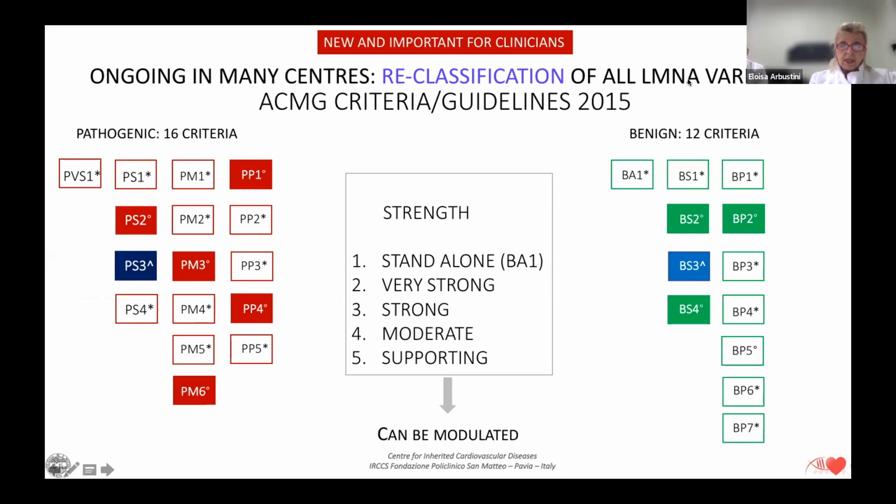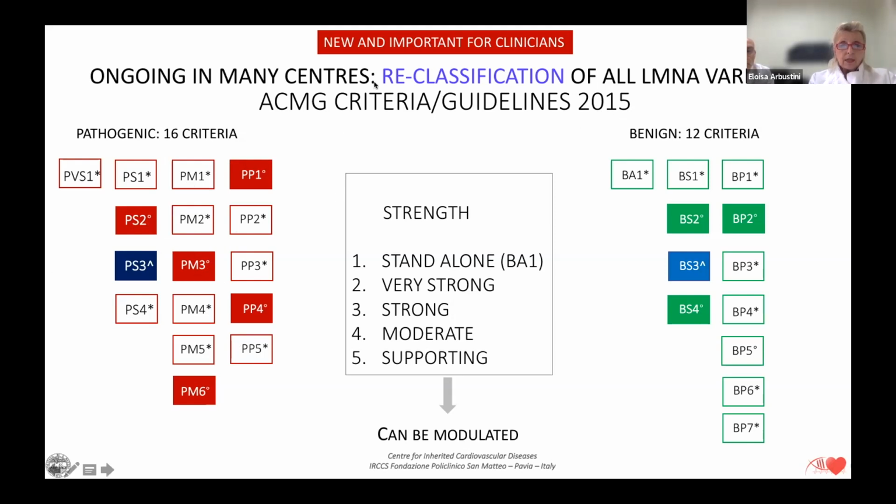In particular, we are making a big effort addressing variants using the ACMG criteria guidelines published in 2015, especially highlighting the role of the clinical criteria you see here in this red square, which can substantially modify the criteria that are automatically calculated by software and tools available for evaluating the pathogenicity of these variants.